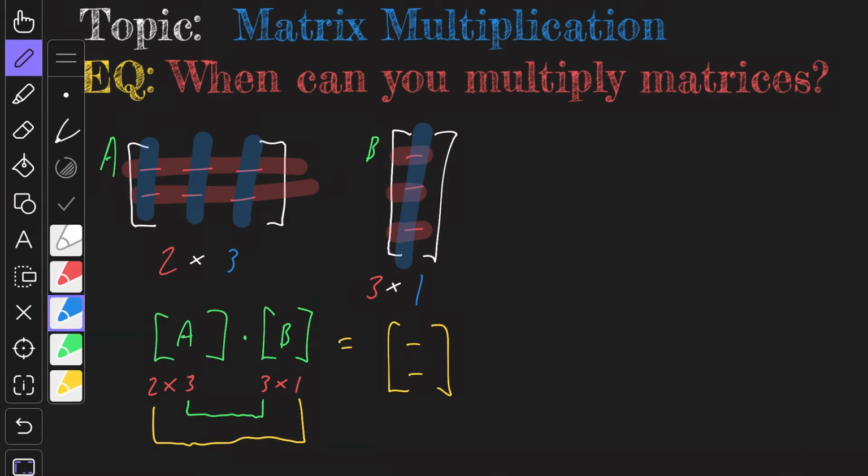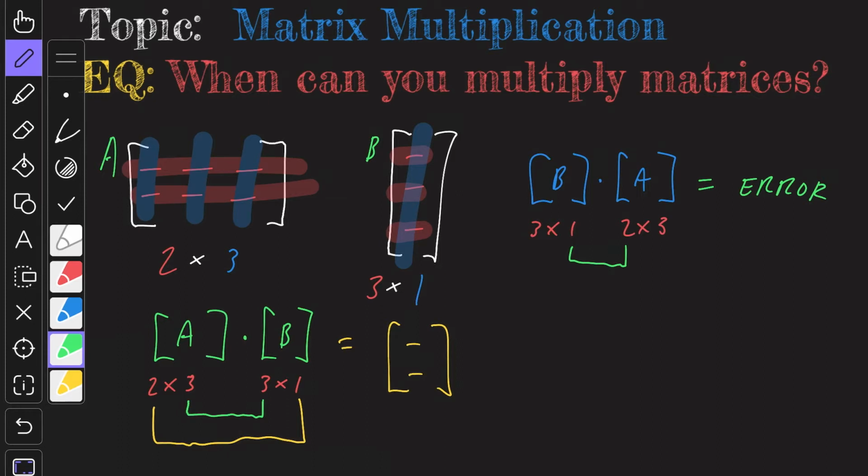Well, what if I flip it around? What's B times A? Matrix B times matrix A. Matrix A is still 2 by 3, and matrix B is still a 3 by 1. When I look at those inside numbers, those are not the same size. That means that we can't do this. This would be an error or not doable.